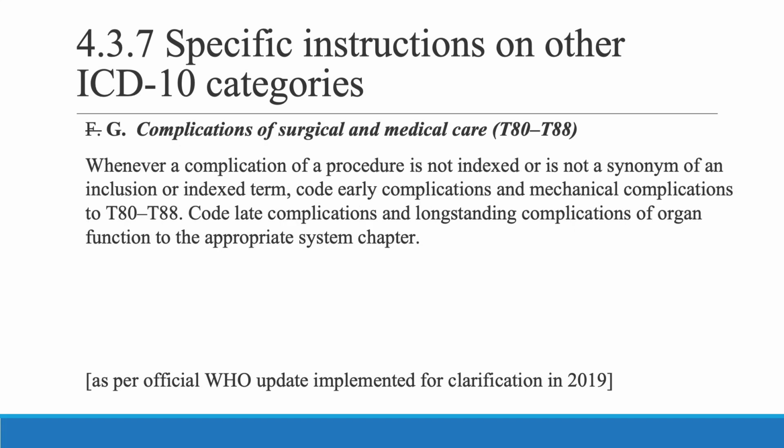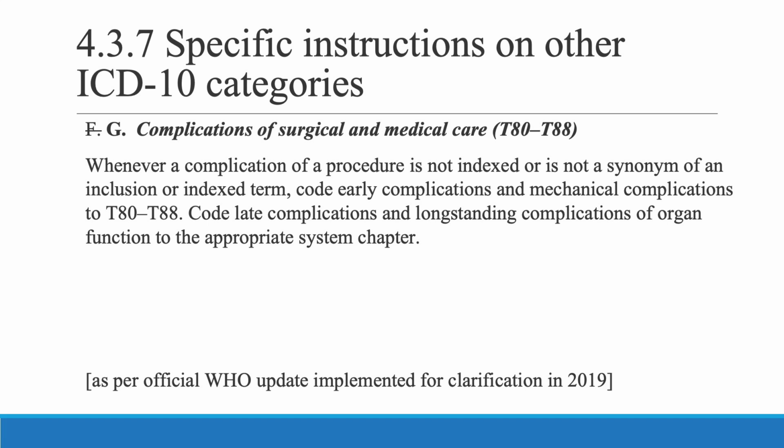You'll notice that the lettering here on this slide, this instruction for complication of surgical and medical care, has been adjusted to take account of the updates made for clarification in 2019. But it's not a new instruction. It was in the 2016 version of Volume 2, and it says to us, whenever a complication of a procedure is not indexed or is not a synonym of an inclusion or index term, code early complications and mechanical complications to T80 to T88.